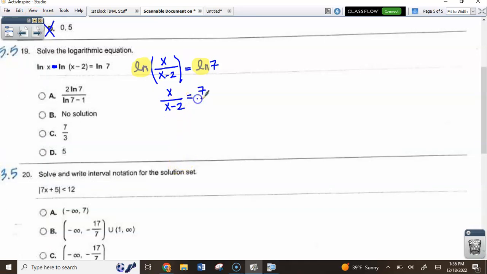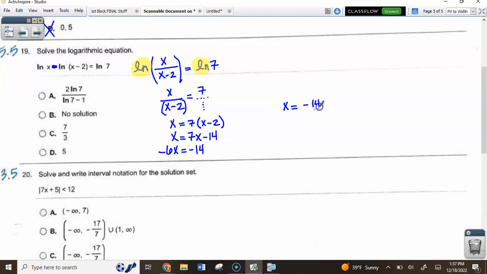Be careful, this is a basic proportion. You have multiple terms on bottom, so when you cross multiply that, you end up with 7 times the quantity x minus 2. You do need to distribute. And now it's a basic multi-step linear equation. Subtract 7x and then divide by negative 6.